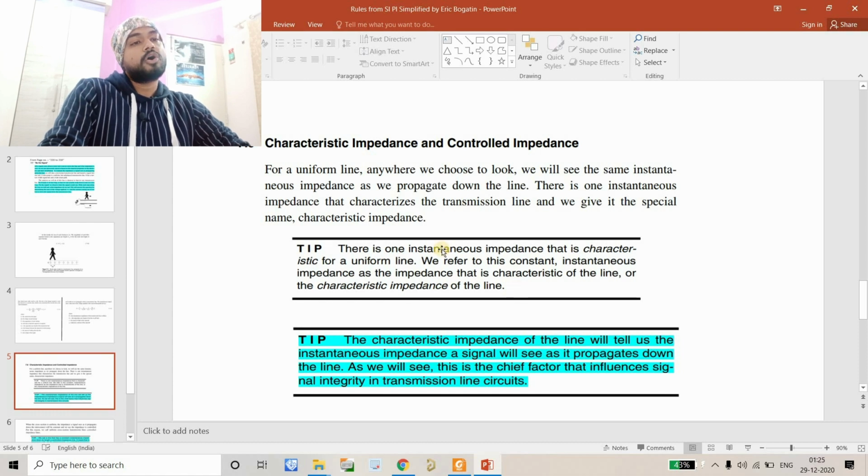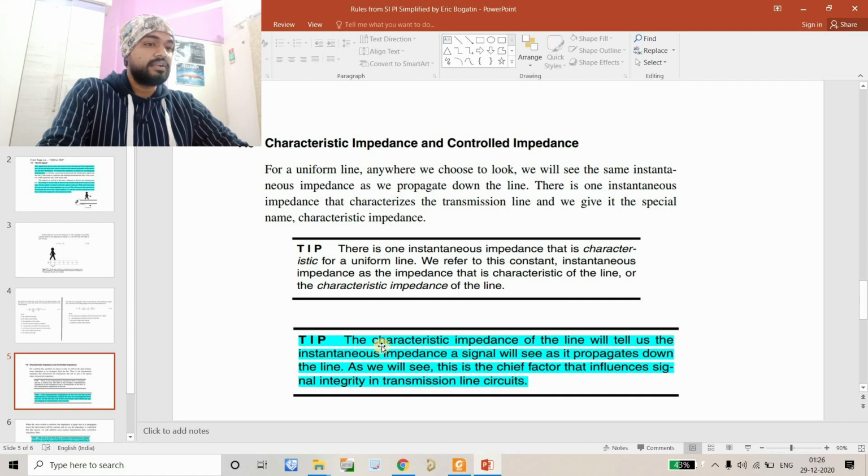So here the author wants to say that because we are walking through the line and seeing impedance after each footstep, wherever we look we'll find the same instantaneous impedance, and that will be our characteristic impedance, right? That we define for the signal line. For example, 50 ohm or 100 ohm, 90 ohm, like that.